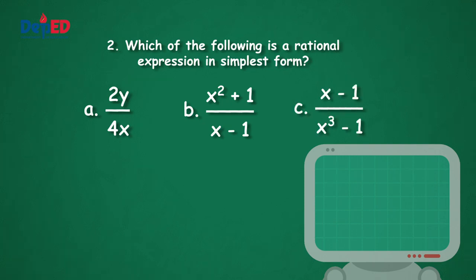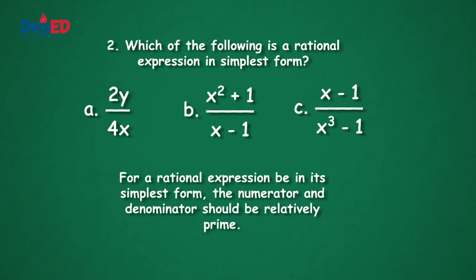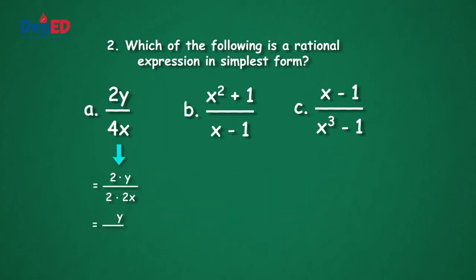Or C, x minus 1 all over x cubed minus 1. For a rational expression to be in its simplest form, the numerator and denominator should be relatively prime. In letter A, both expressions are divisible by 2, thus can be further simplified as y over 2x.